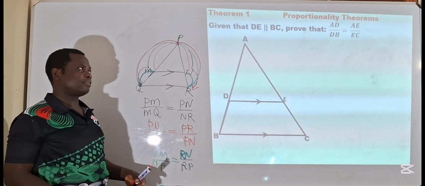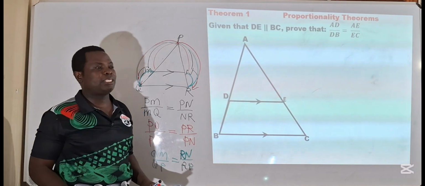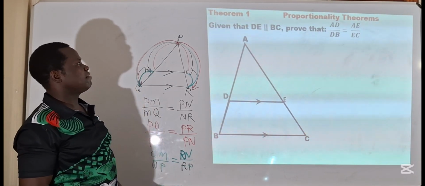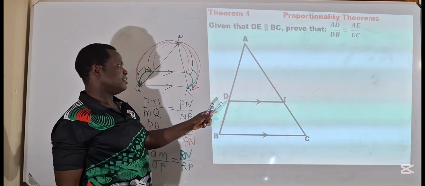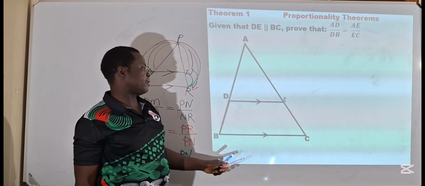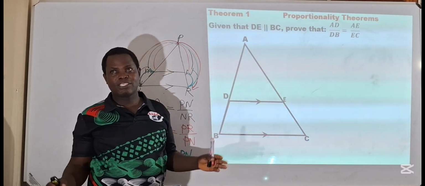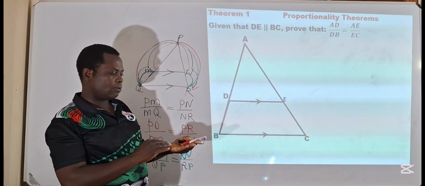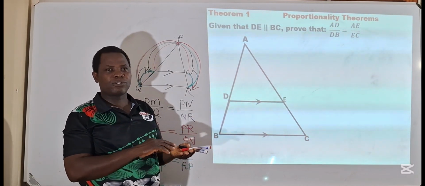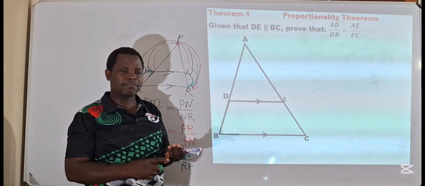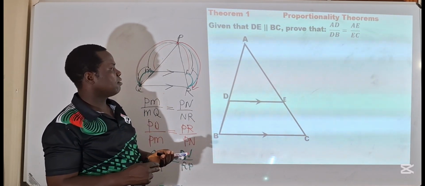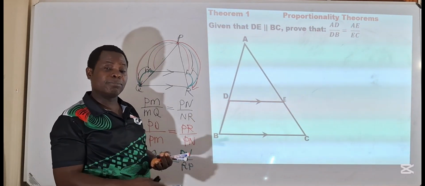Now proving it, which is very much important for examination purposes. Let's say we have this question here, given that line DE is parallel to line BC. Please take note when you are doing a proof for geometry, you need to be clear about what they have given you, what is given versus what needs to be done.